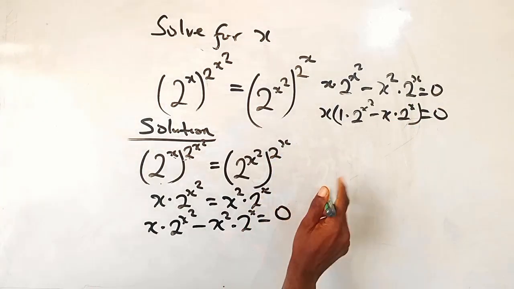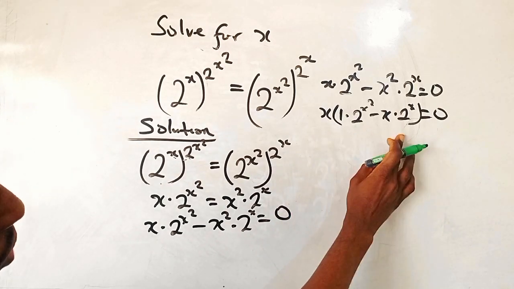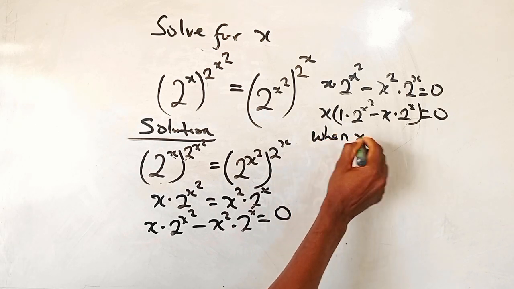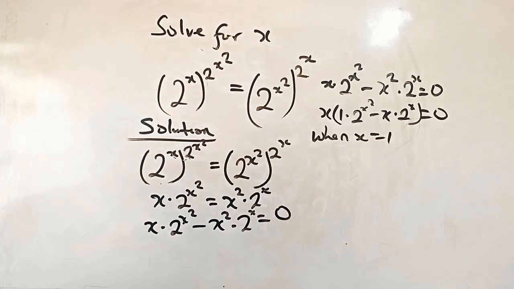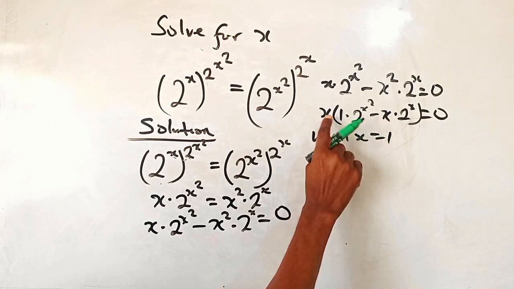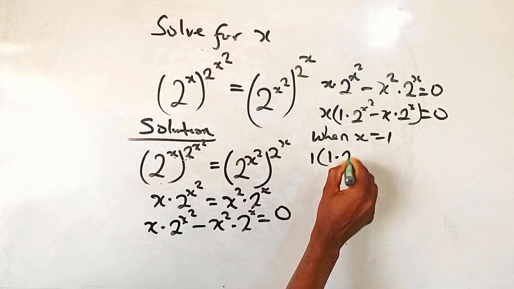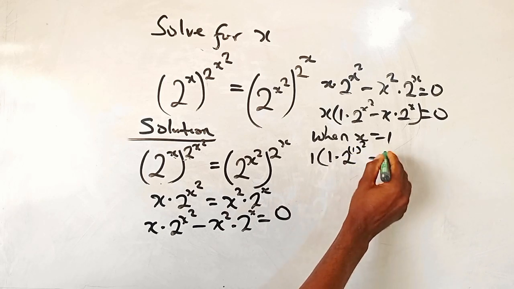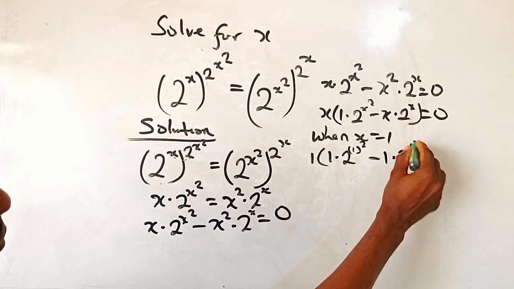When we look at this, we now work with the value of x that renders this equation to be 0. So let us say when x is 1, what can render this equation to be 0? Let us work with 1. We substitute 1 in this equation. Here we have 1 times 2 to the power 1 squared, minus 1 times 2 to the power 1.